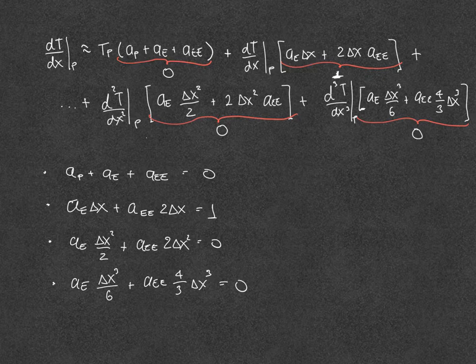Okay, then maybe someone is thinking behind the screens, which one is giving me less error? And this is actually the way to think. If I ignore this equation and I choose to solve these equations, that would be a terrible mistake, because this equation is assuring me that this term is going to be 0. And remember that each term in the Taylor expansion is associated to a given order.